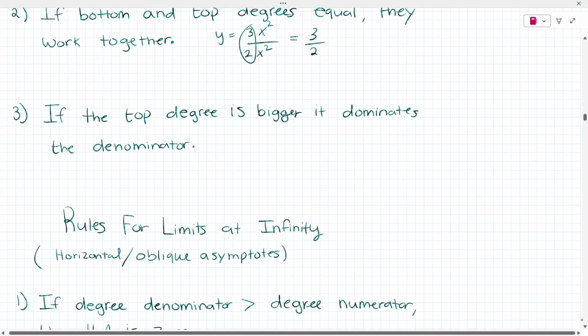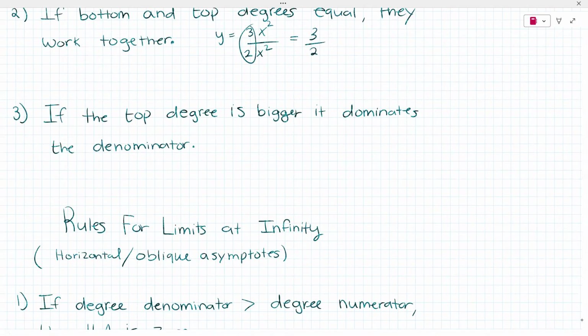Rule 3: if the top degree is bigger, it dominates the denominator. If it's top heavy, it will be oblique and you must use long division.